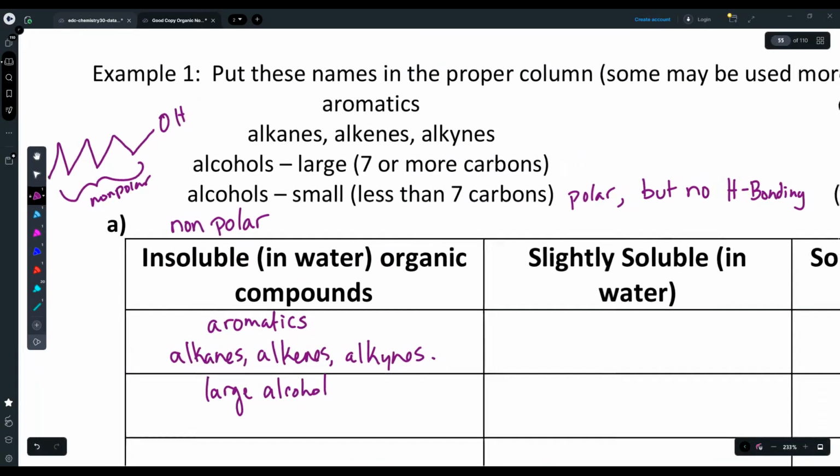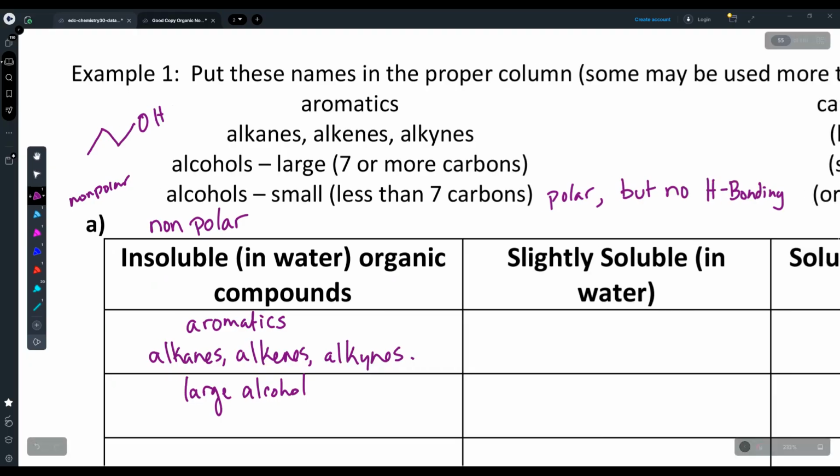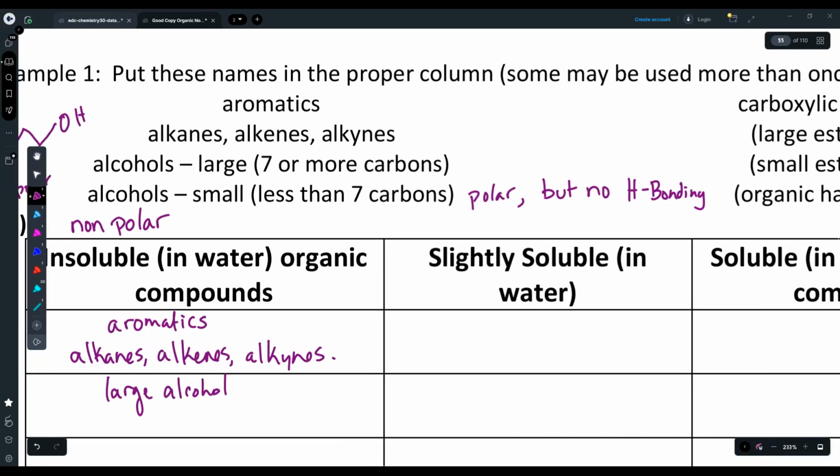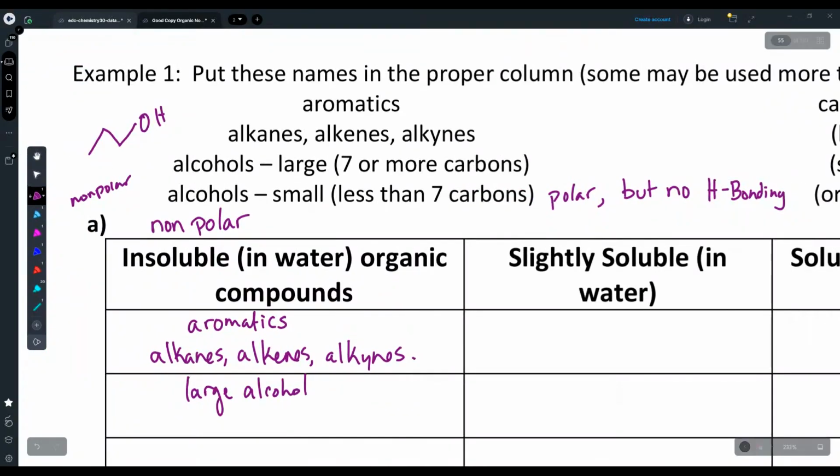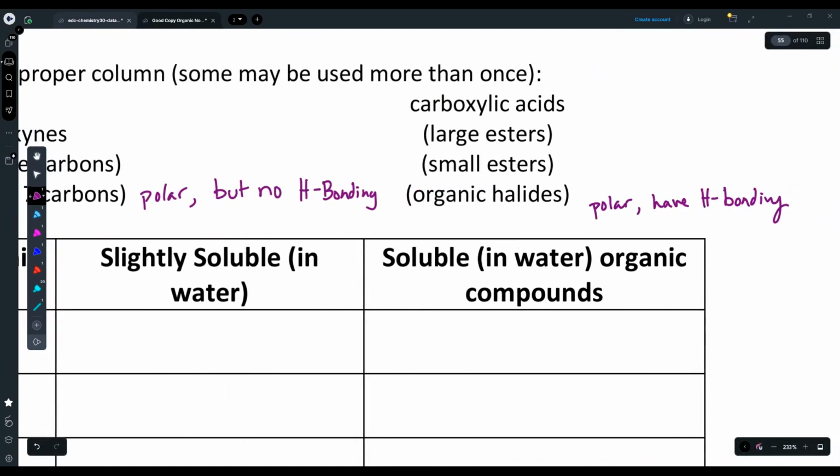However, small alcohols will have a smaller tail, so there's not as much of a nonpolar section to them. Those are going to be way more soluble in water because they are more polar than large alcohols, and they can do hydrogen bonding.